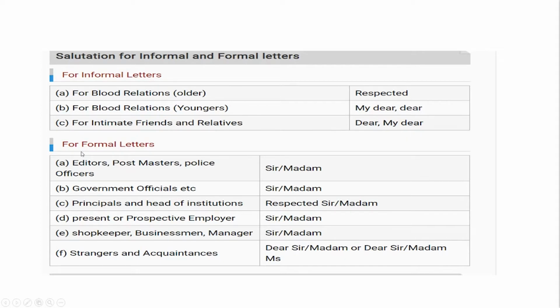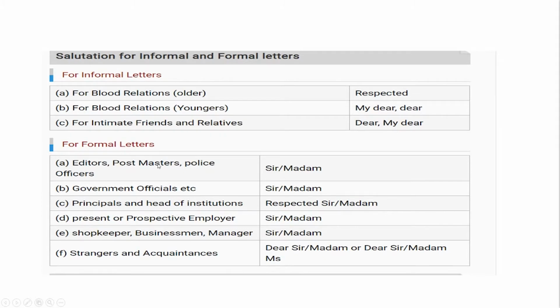So these are the salutations for informal letters, and for formal letters you have to write like this: editors, postmasters, police officers, sir or madam; government officials, sir or madam; principals or heads of institutions, respected sir or madam; present or prospective employer, sir or madam; shopkeeper, businessman, manager, sir or madam; strangers and acquaintances, dear sir, dear madam.